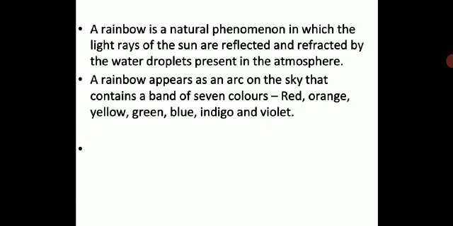Because of the change of medium, there is a bending of the rays of light. That is called refraction. Because of these two things happening together during monsoon, with the water droplets present in the atmosphere, a rainbow will be seen. And it is a natural phenomenon because it does not happen very frequently or very often. It happens rarely.